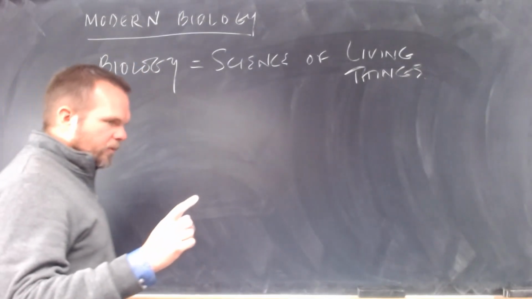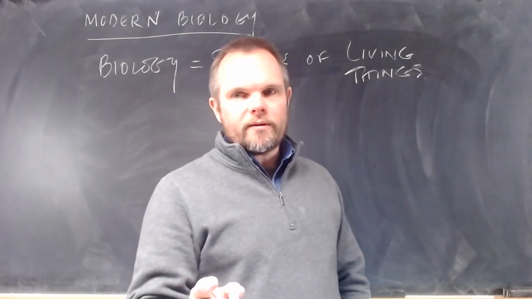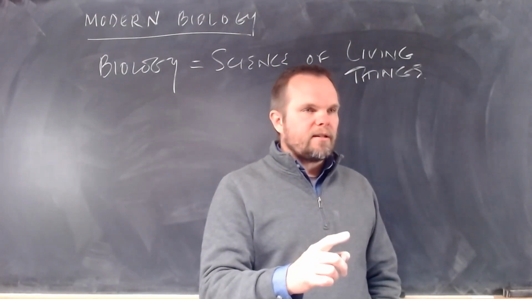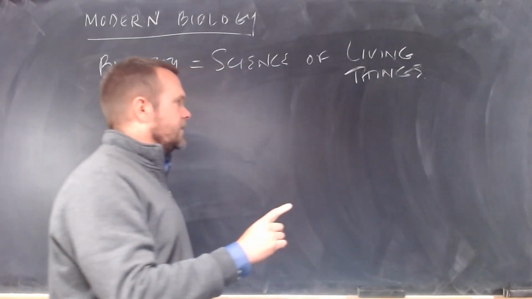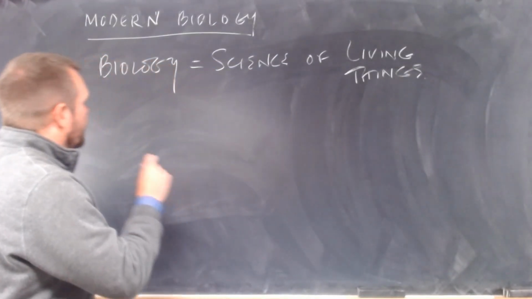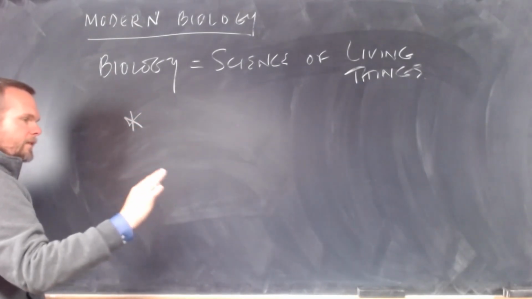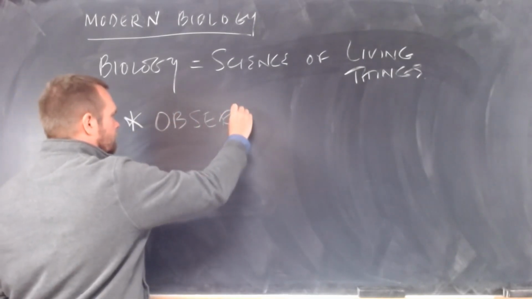And one thing that we studied in the first lesson that's extremely important is that scientific study in modern natural sciences, the knowledge of modern natural sciences, is based on observation.